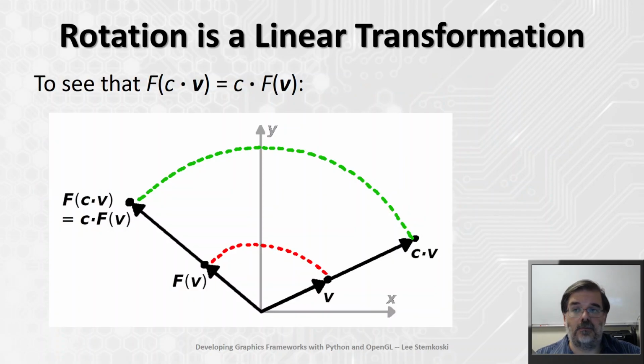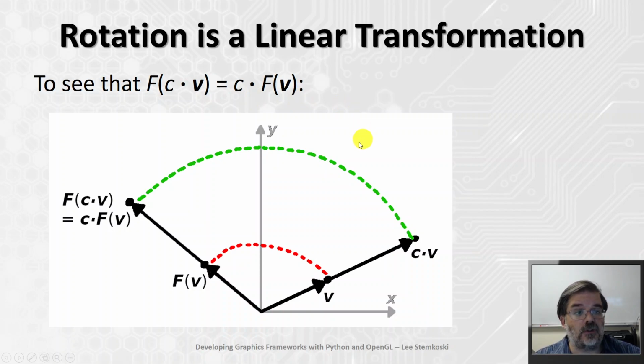All right, so to see that something's a linear transformation, we have to check to see that it satisfies 2 equations involving scalar multiplication and vector addition. So to start off, we'll try to understand why this equation is true for transformations. I want to see that f of c times a vector is equal to c times f of the vector.